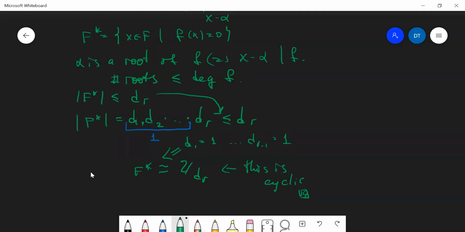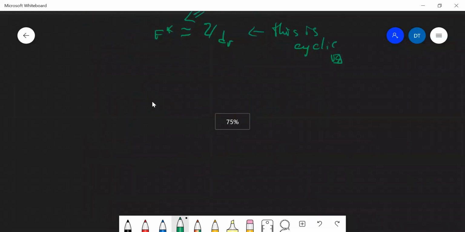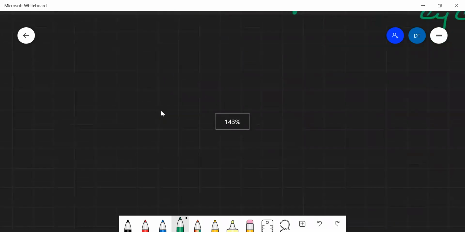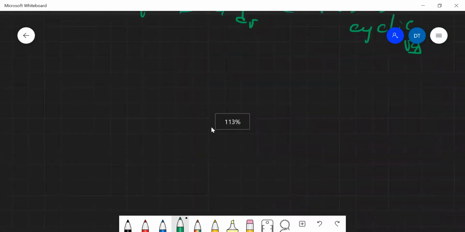Okay, thanks. No problem. Now I want to formulate a claim without proof. I just want to explain what any finite field looks like.